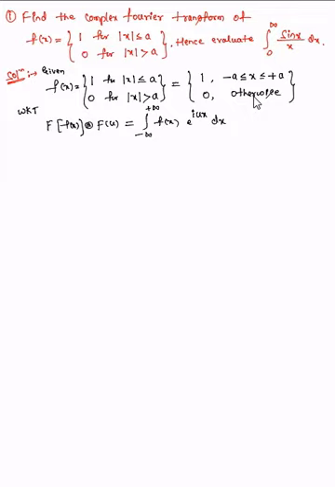Right? So this is the formula for Fourier transformation. See here, the limit of this integral is minus infinity to plus infinity, but you can see the function is defined only in minus a to plus a.